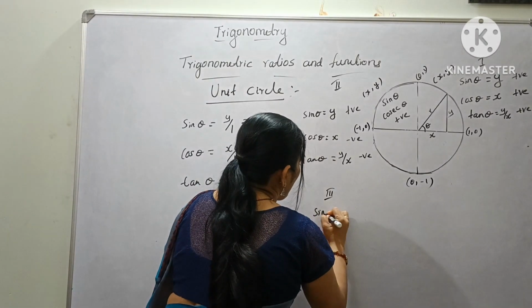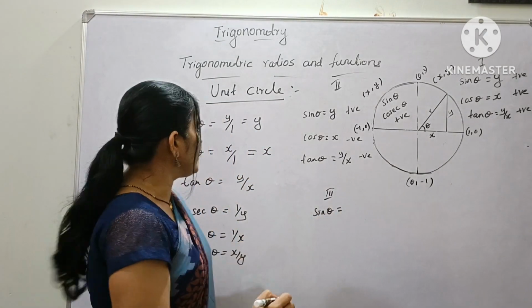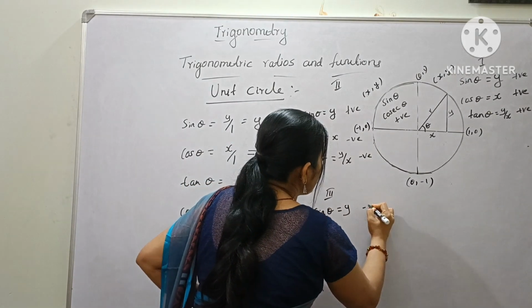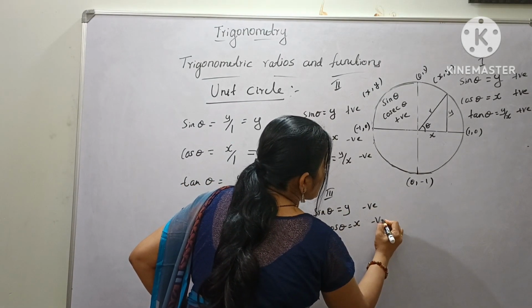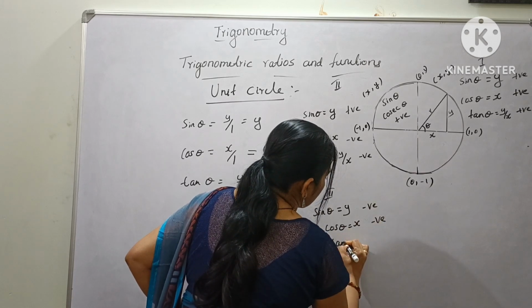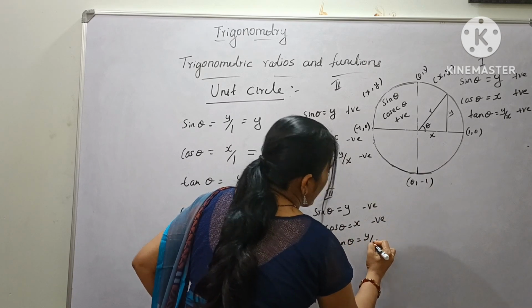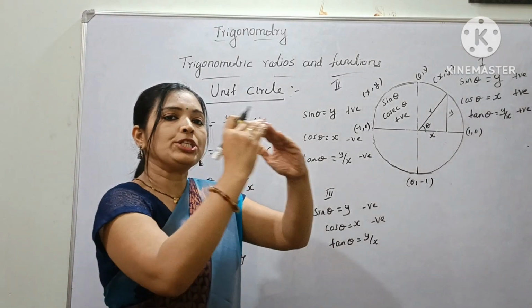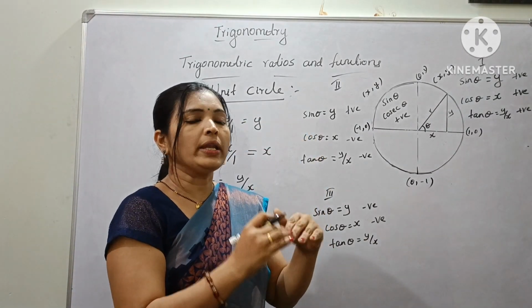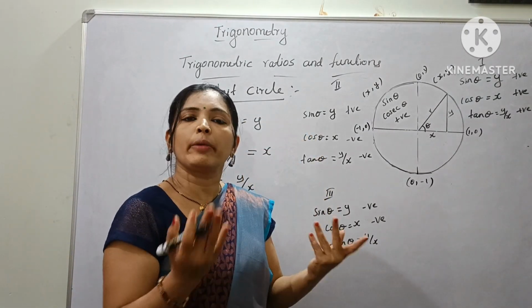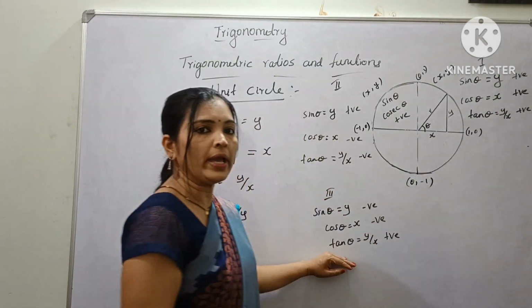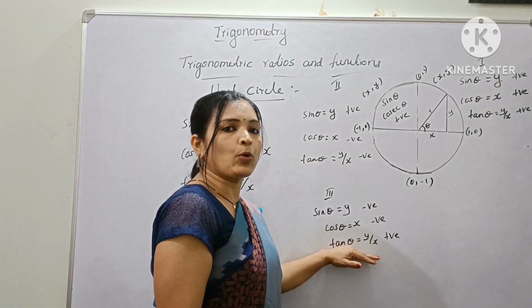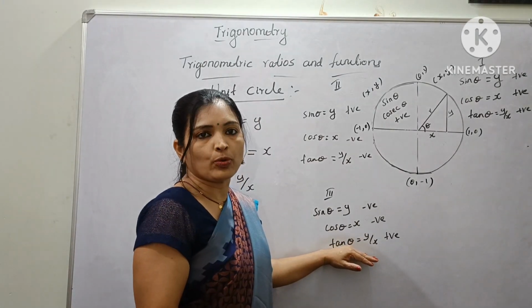Let us see what sin theta is. Sin theta is y, which is negative. Cos theta is equal to x, which is also negative. So tan theta is equal to y by x, that is negative divided by negative, which is positive. So here tan theta is positive, and its reciprocal is also positive.